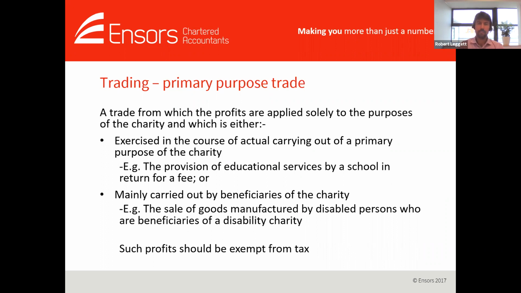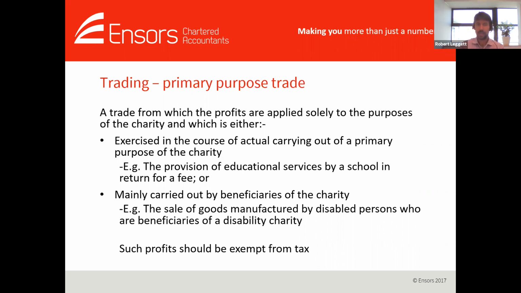But what do we mean by primary purpose? Well, as we said earlier, a trade is a primary purpose trade, effectively, if it's furthering the objects of the charity. So an obvious example is educational services being carried out by a school in return for a fee. And we see that with private schools.